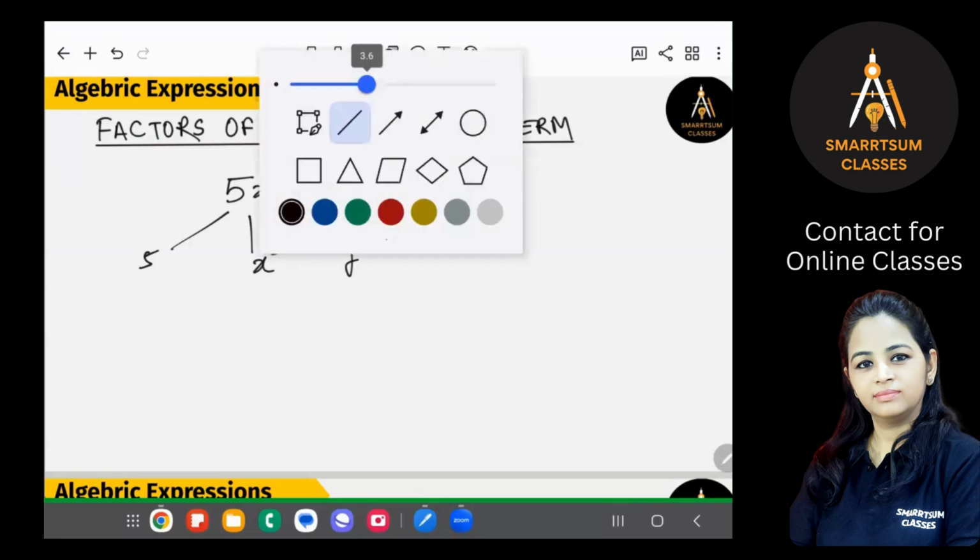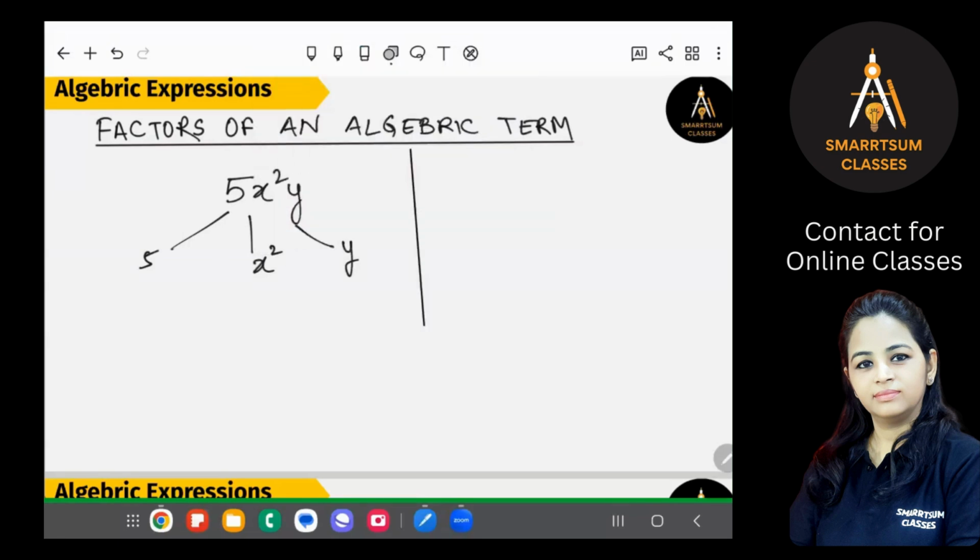Let's compare this with the factors of a numerical number. Suppose you have a number 20. Okay. Now, what are the factors of 20? You can write 20 as 4 into 5. Yes or no?